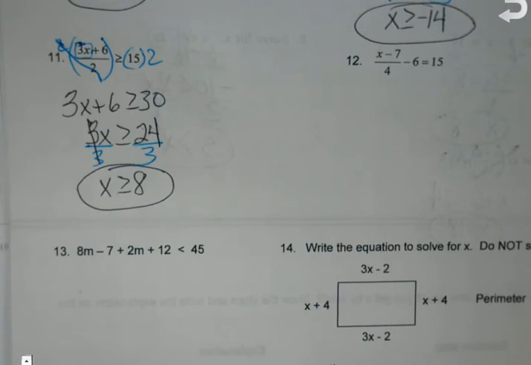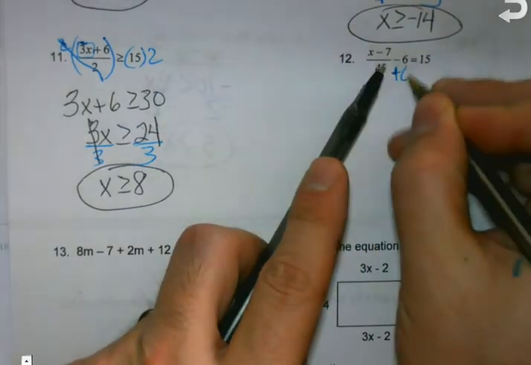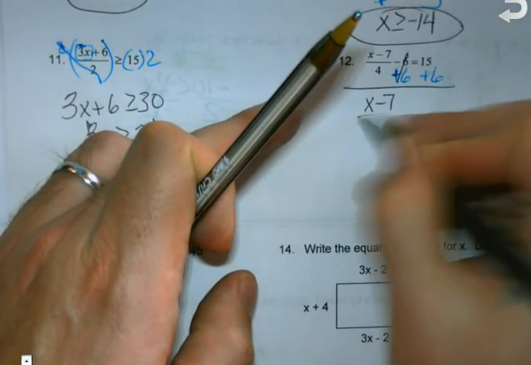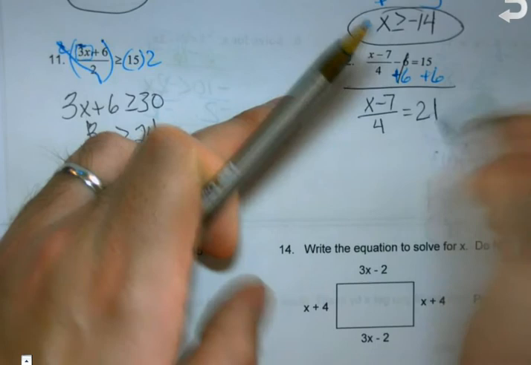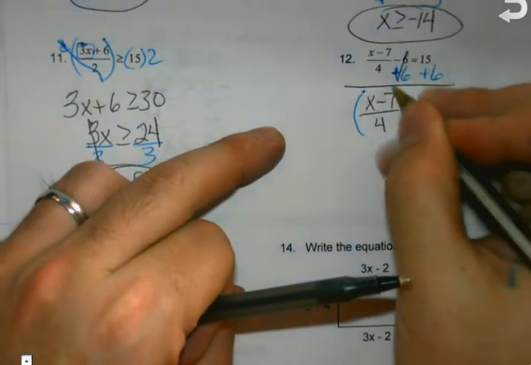Now, there's only one slight difference between number 11 and number 12, but let's see if we can figure this out. Before I can multiply by 4, I need to get that part that's furthest away out of there first. So I need to do the plus 6 part first. Now I can bring it in, and now I can do the multiply parts.